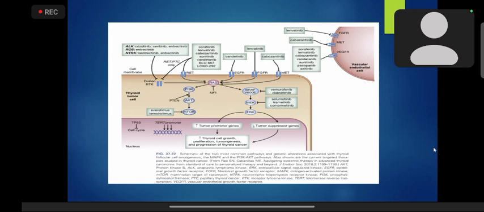Don't know, sir. Okay, so basically it can be done on immunohistochemistry. So BRAF V600E can be done on IHC. You can put an IHC for BRAF V600E and you can get that diagnosis.